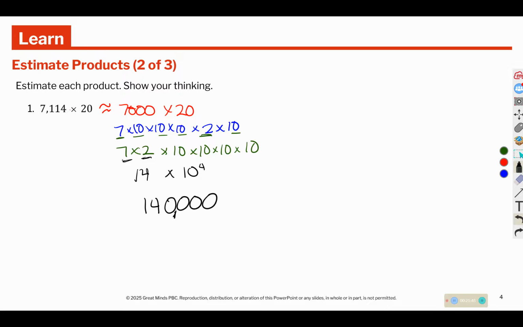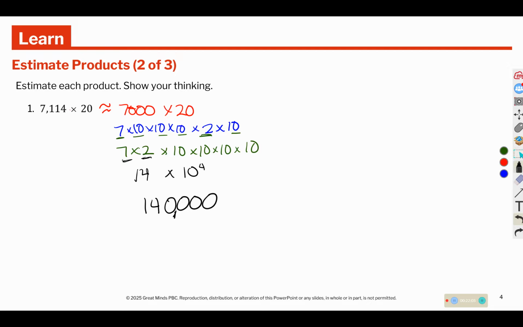So 140,000 is our approximation. Because I rounded here, I need to use the approximate symbol, not the equal to symbol.